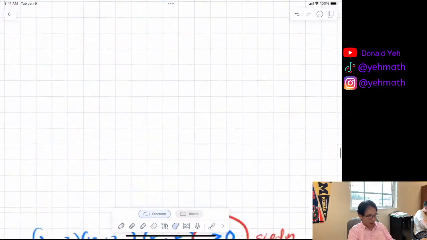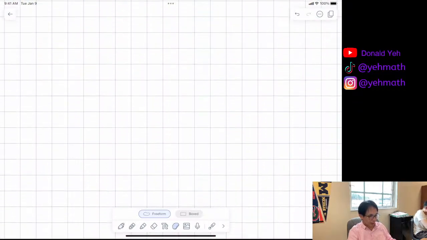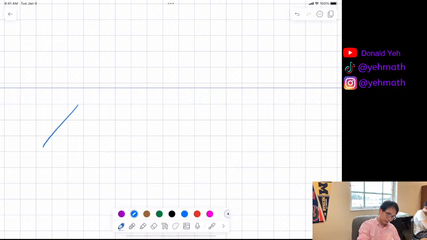Let's talk about the question. Now you guys don't know how to draw a rectangular prism. Here's how you draw it.